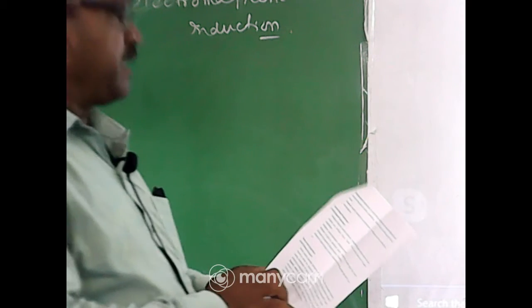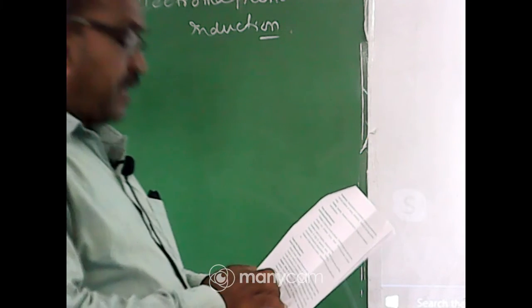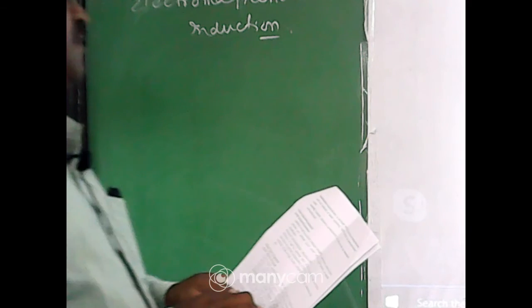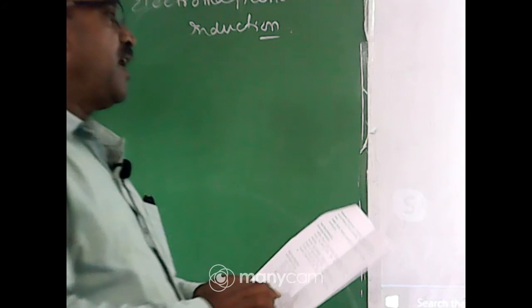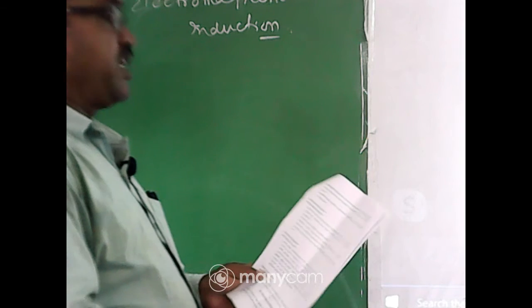Induced potential difference means EMF, and induced current, and the last part, Fleming's right hand rule. So electric generator and the household electric circuit are not included this year. So my dear student, you check your syllabus and you complete it.